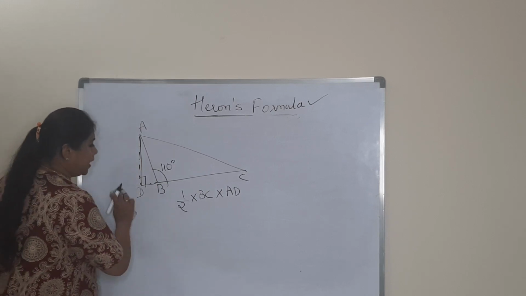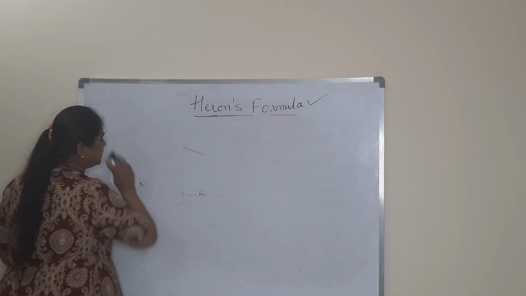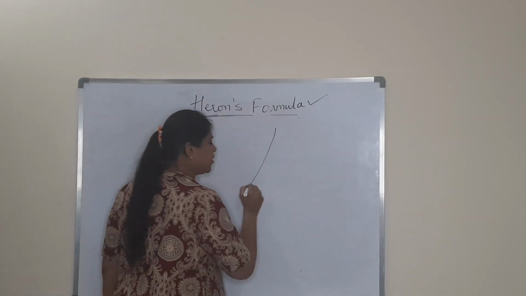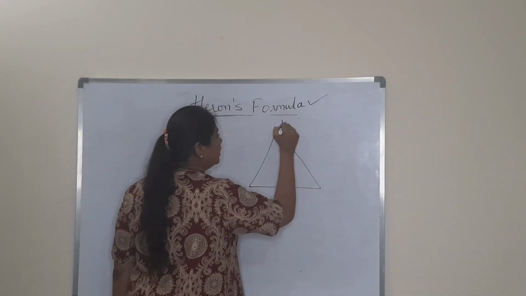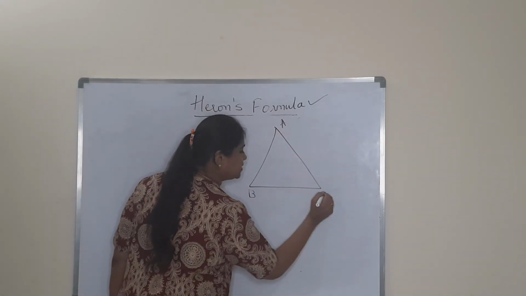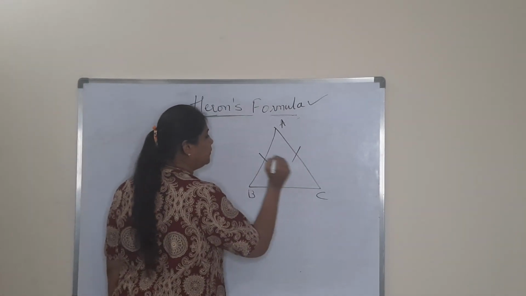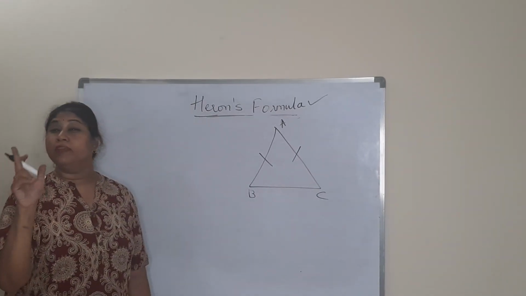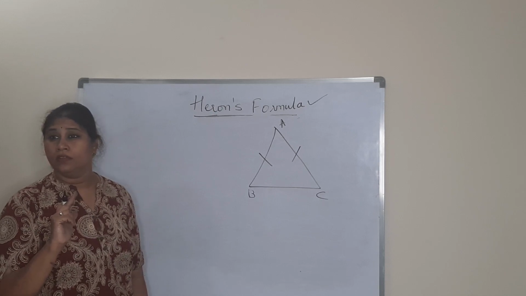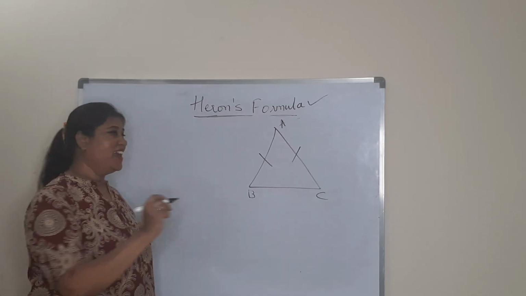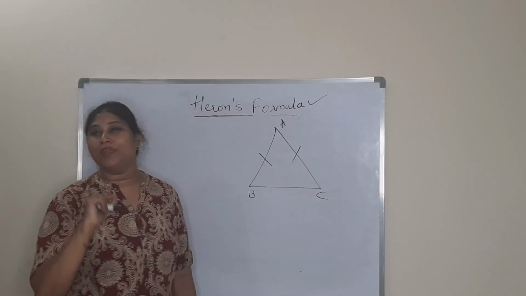Yes, ma'am. Now I am going to show you a very interesting and important thing. I think we have already done it. Look, this is triangle ABC. It's an isosceles triangle. We know that in an isosceles triangle, how many sides are equal? Zaid? Ma'am, two sides. Yes. Thank God you didn't say 3. 3 would become an equilateral triangle.